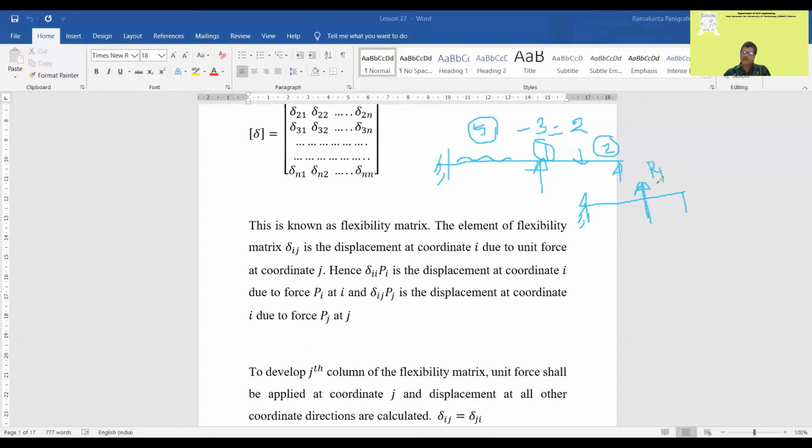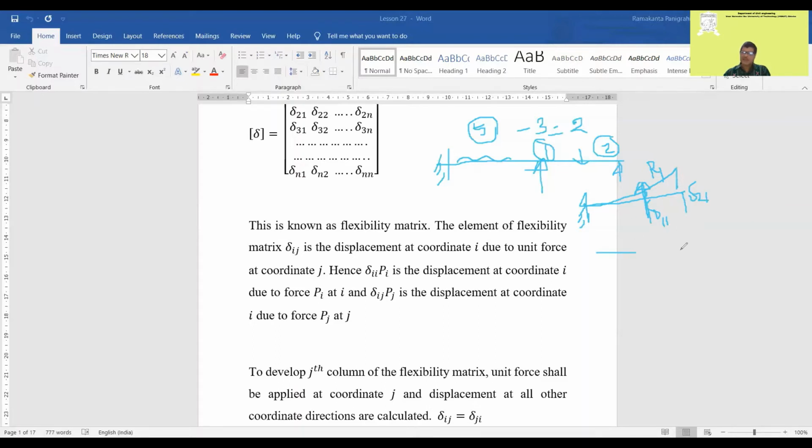Due to R1, what is the displacement at 1? That will be delta 1 1, and this will be delta 2 1. Applying the force at 1, find the displacement at these points. That is the meaning of delta 1 1 and delta 2 1. If you apply the force, it will deflect this way, so we find here delta 1 1, here delta 2 1.